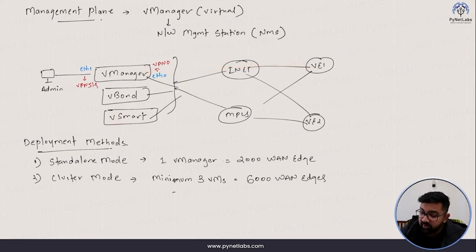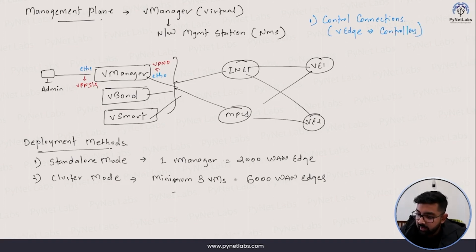So there are mostly two types of tunnels that we expect out of our fabric. Number one is control connections, which are generally between vEdge and controllers, two ways.